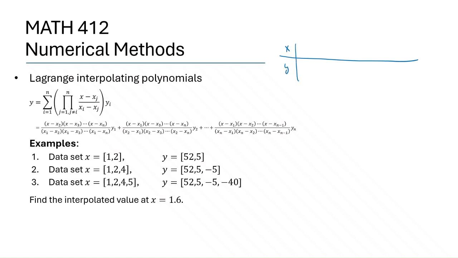You have x1 is some value, y1 is some value, x2 some value, y2 some value, and so on. You have a table like this. Here, the first term will return y1, second term y2, last term ym. And that's an amazing construction of a function.